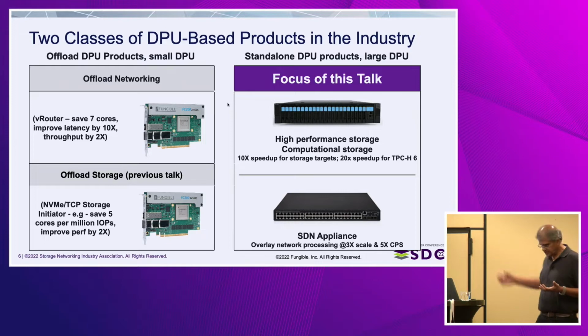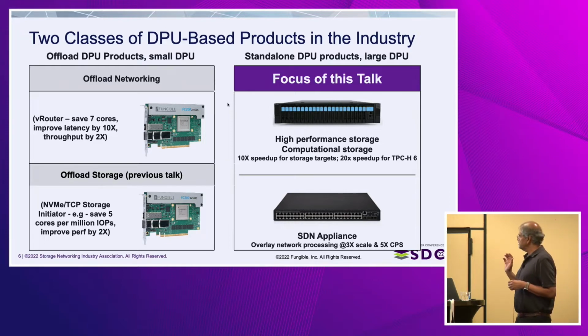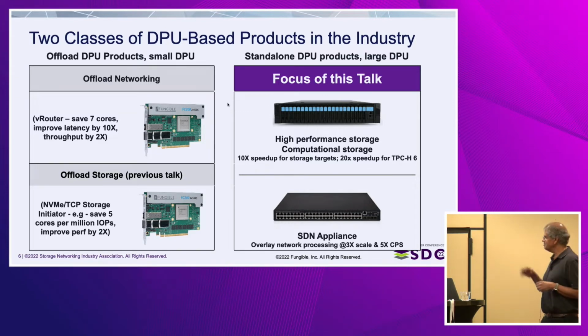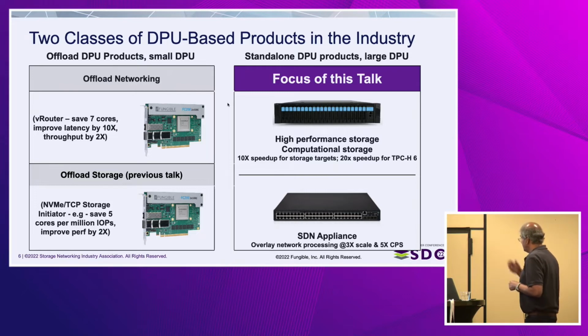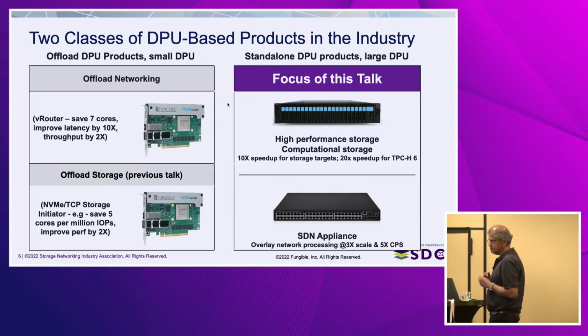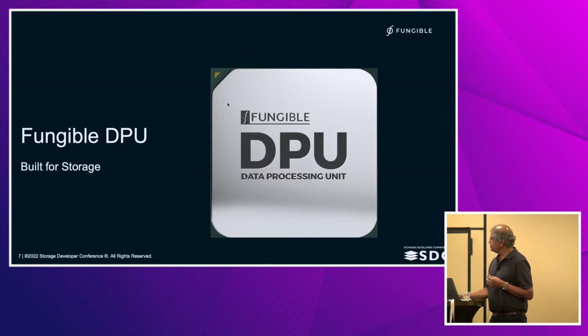So I really want to talk about the products on the right. Nothing against the products on the left, but that's what everybody talks about. So I kind of want to give you a little bit of a different spin and talk about the products on the right. So I'll talk about our high performance storage product and how we used a DPU to build it.